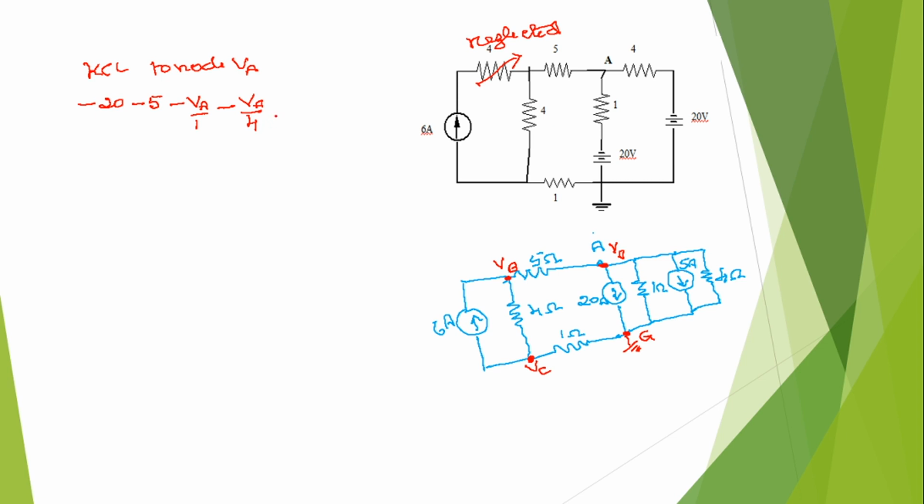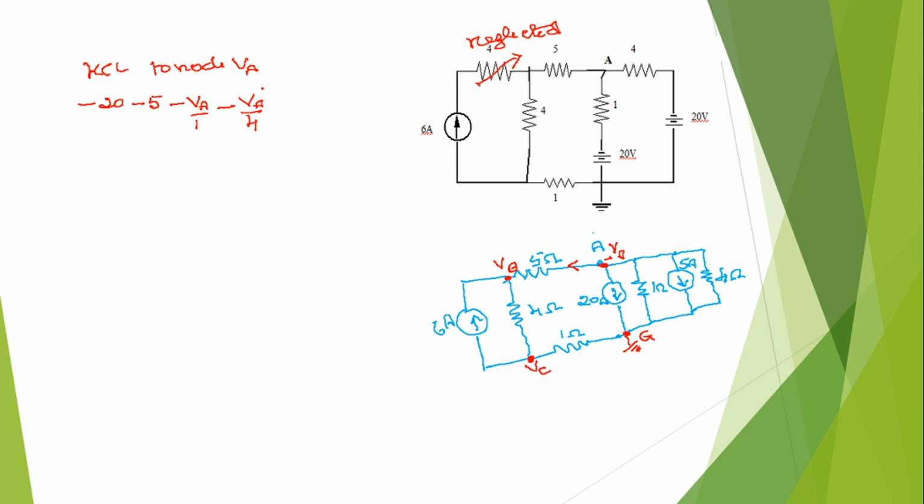Minus VA by 4. Now coming to this point, what is the current in this direction? As I told you, I am considering VA as a higher potential. So the current is, assuming, in an outward direction. This may not be practically true, but to write the equation, I am considering node VA is at a higher potential compared to the others while writing the equation for node A. So (VA minus VB) by 5 is the outgoing current.